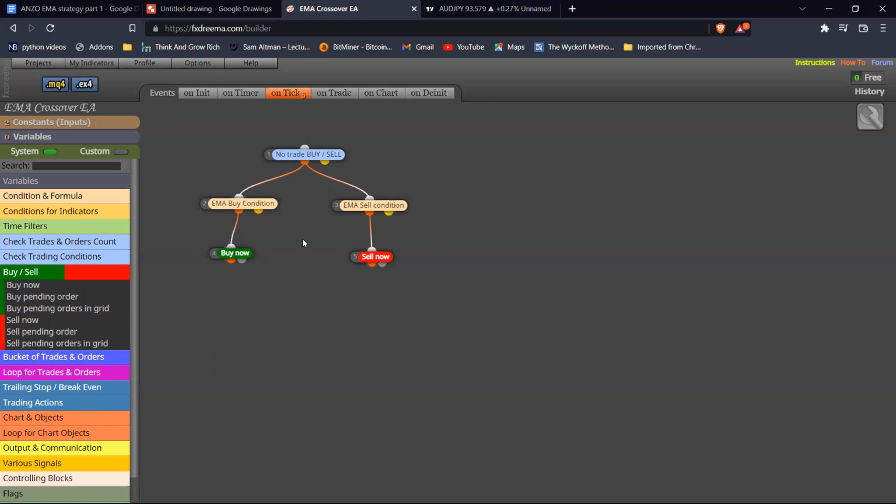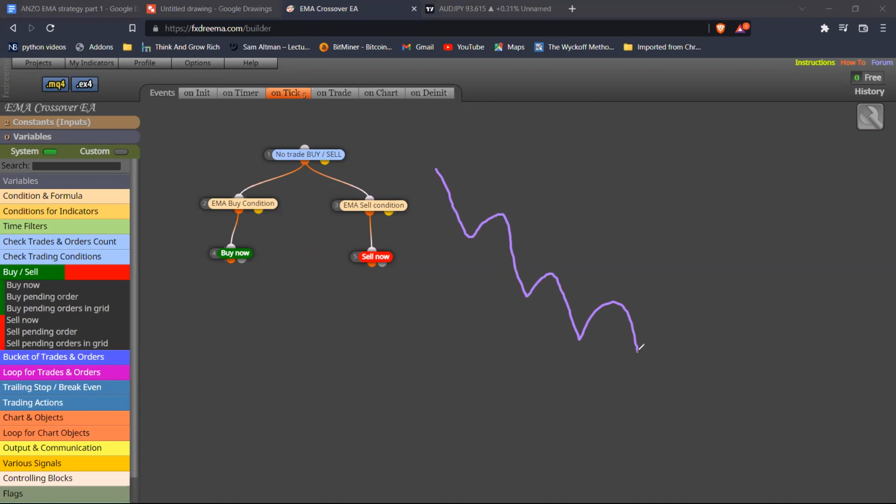Now, let's say, for example, we decide that if our buy condition is met, so let me use my... okay. So let's say the market has been bearish, right? So we're having a bearish market, and then we have the 5-period moving average, and also the 12-period moving average as well, like so.